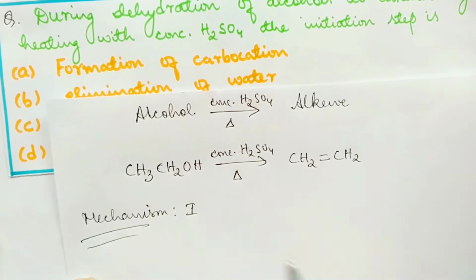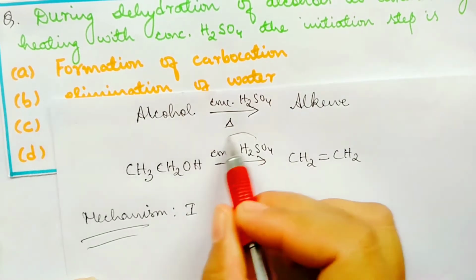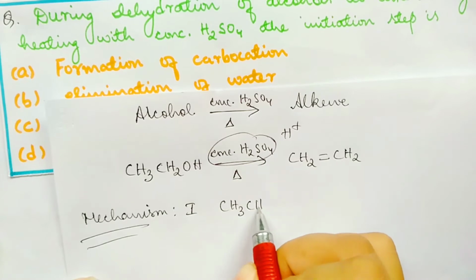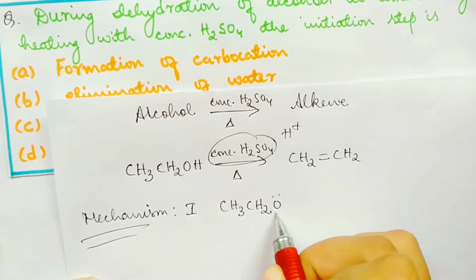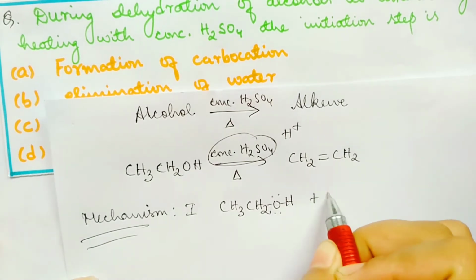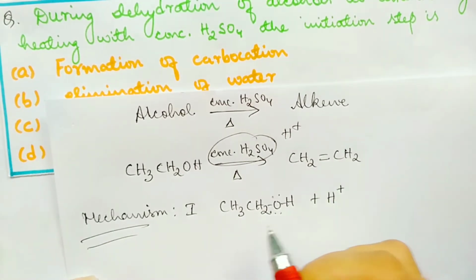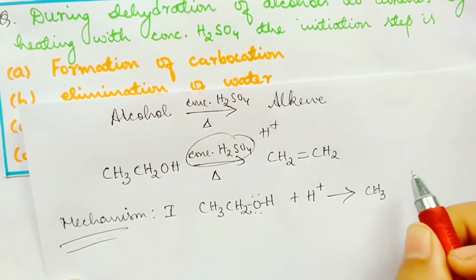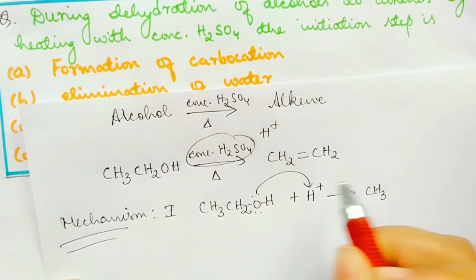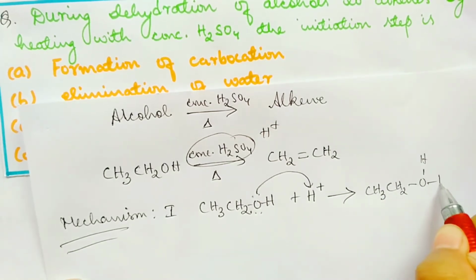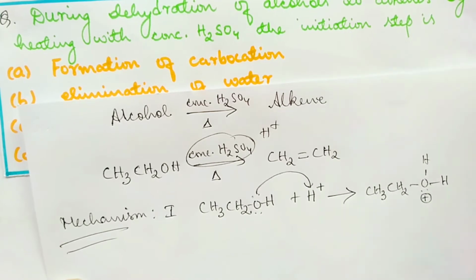Now let's check the mechanism. In your first step, from here you will get your proton. So you have an alcohol molecule with 2 lone pairs of electrons on the oxygen atom, and we have the protonation of the ethyl alcohol molecule. So what we have? CH3CH2, and then OH2 with 1 lone pair and a positive charge.